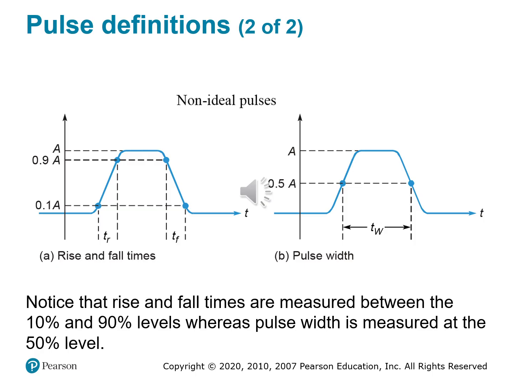Now I said I was going to give you a little bit more at the end of this slide. The reason we look at that ramp up from 0 to its maximum, and measure it from 10% to 90% of that value, is because let's say this is voltage or current. On the previous slide, you saw that perfect straight line going straight up.